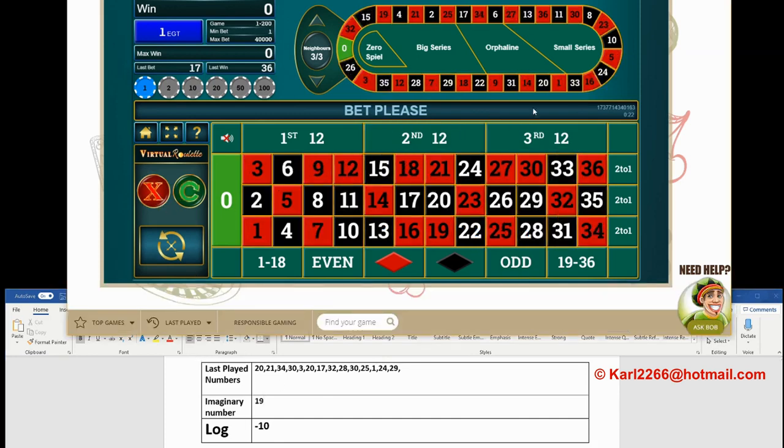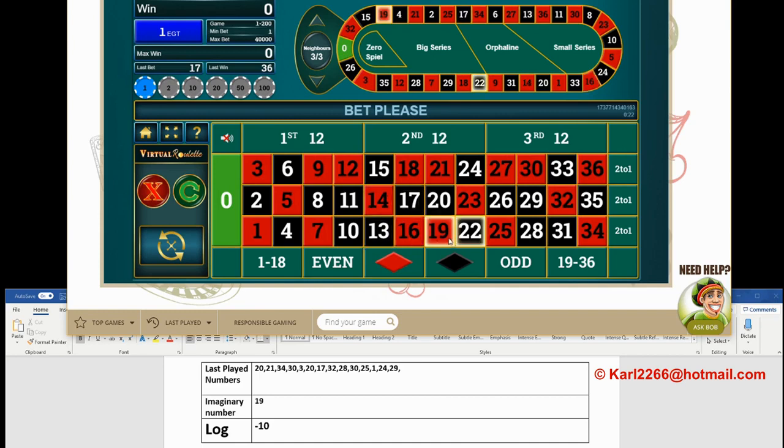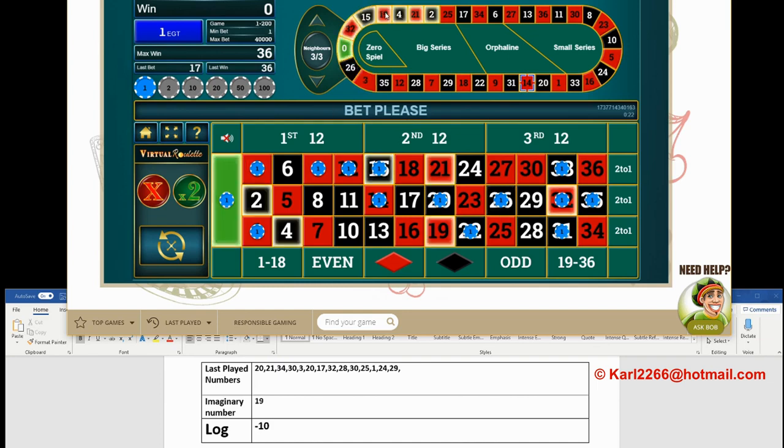Okay, then with imaginary number 19 we place bets on terminals from 19, which is 26 and 14, and we place bets also on 19 and the neighbors.